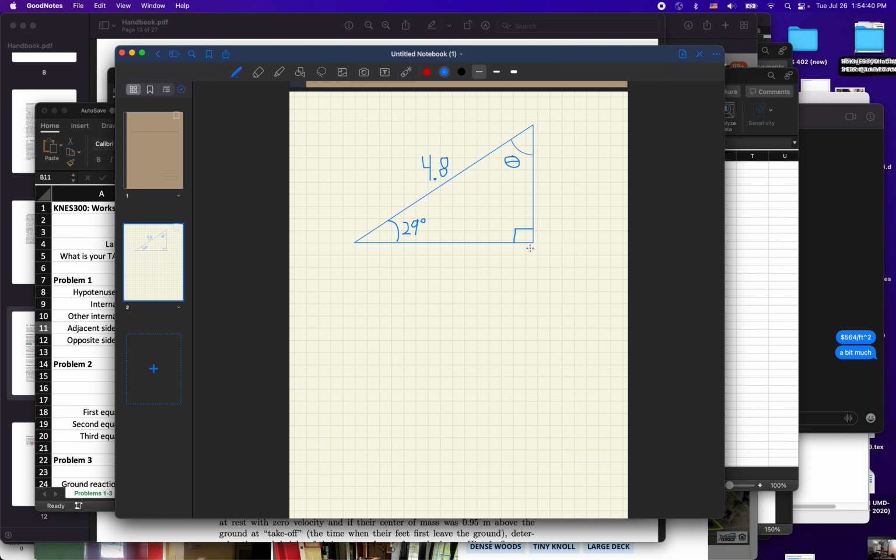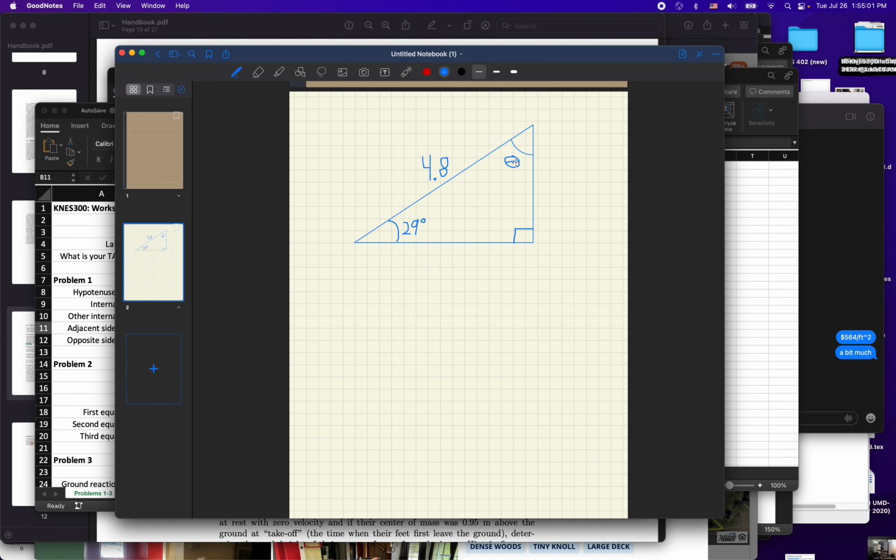And this is also a good time to demonstrate that which side is adjacent and which side is opposite is not a fixed thing. This vertical side is not always the opposite side and this horizontal side is not always the adjacent side. They have those particular definitions because I'm referring to this specific 29-degree angle here.